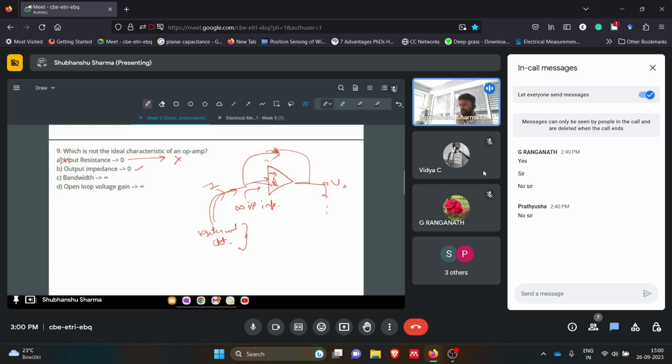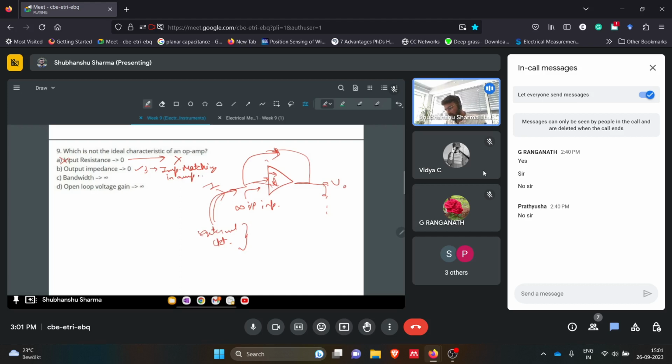If there is some output impedance of this op amp, then we won't be able to get the correct output in that case. So this is done for impedance matching in amplifiers.